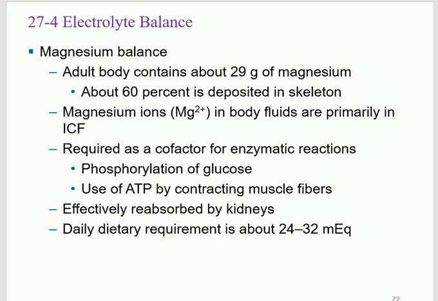It's part of the structure of the bone. We need small amounts, but still part of the bone. It also helps enzymes. So bone and enzymes. This is the most important thing about magnesium.